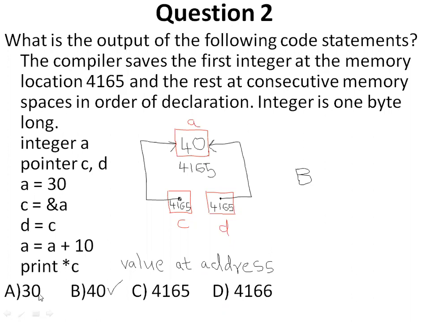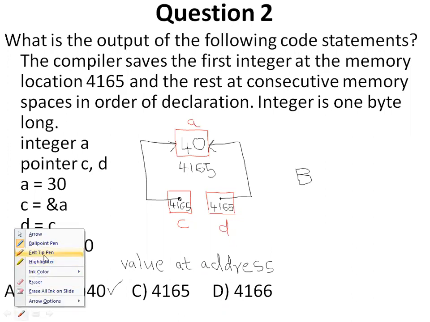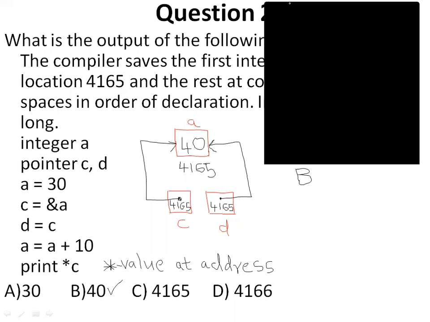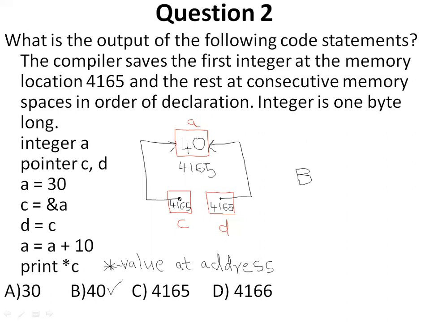This star is called the value at address operator. So the answer is 40, right? We'll move on to the next question.